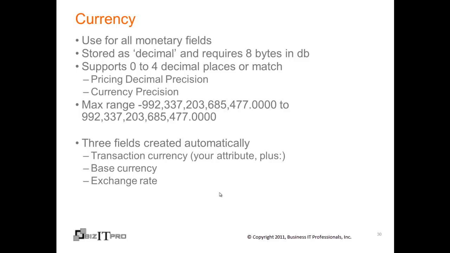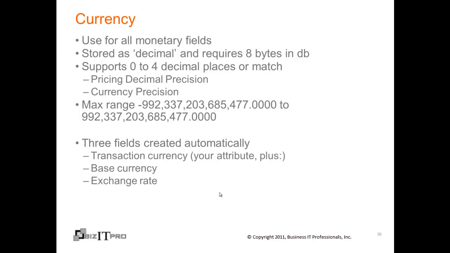When we create a custom field for currency in CRM, there's actually 3 fields that get created. The transaction currency, which is the field that you're entering in, the base currency, and the exchange rate. In effect, the transaction currency will always be the currency in which the transaction takes place, and the base currency will be the currency in which the organization keeps its books.